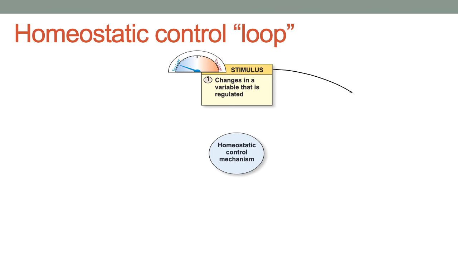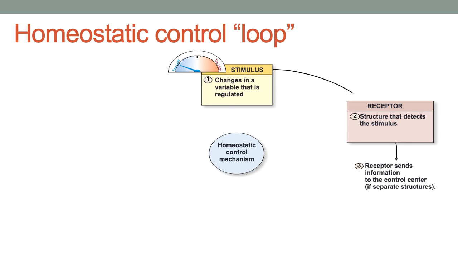Okay, and that change is going to be detected by a receptor. A receptor is simply a structure that will detect the stimulus. Once that receptor detects the stimulus, it's going to send that information to the control center.